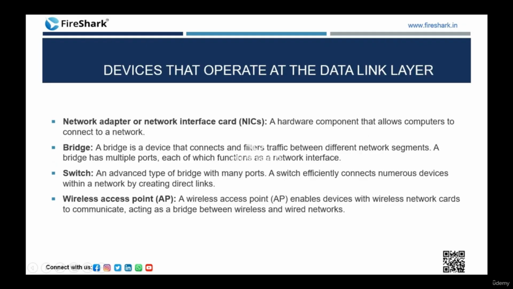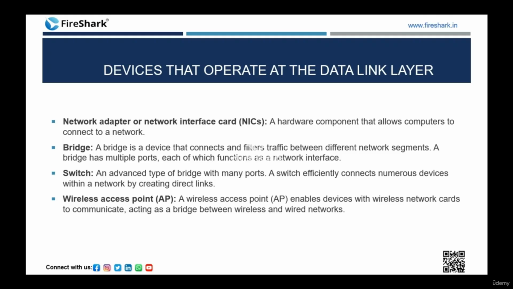Okay, now the next one is devices that operate at the data link layer. The first one is the network adapter, or NIC card, a hardware component that allows computers to connect to the network. Basically, this is a hardware component where the MAC address is assigned, and through the MAC address the physical interfaces interconnect with each other, right?